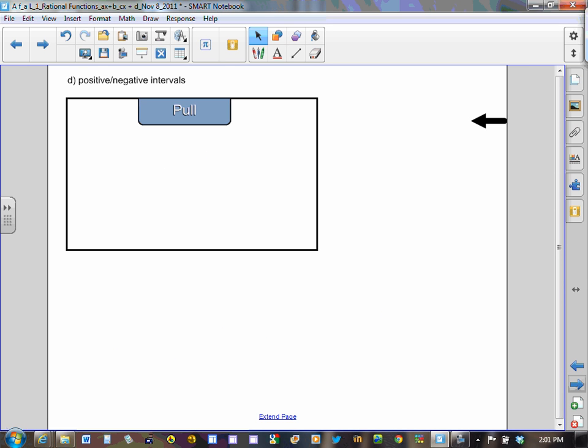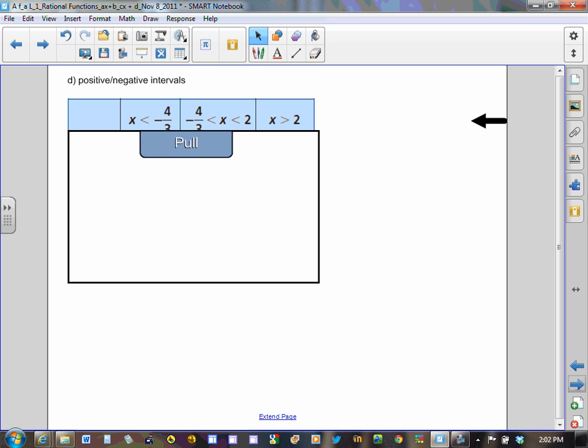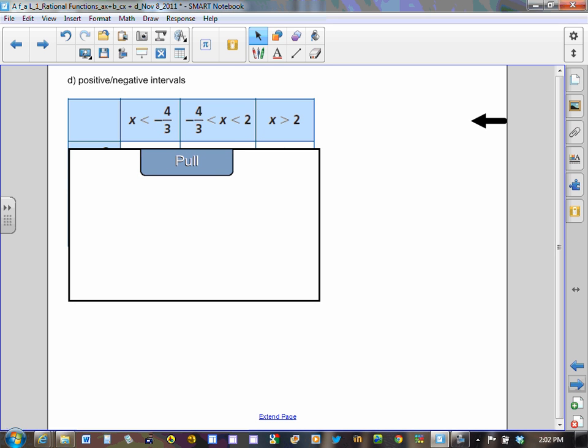Last but not least, let's determine the positive and negative intervals for the graph. Because we can plot the zeros and the y-intercept, and we can know where the asymptotes are, but oftentimes we need to figure out where the function is positive and where it is negative, and by knowing this, we can properly graph the function. So I'm going to show you a listing of the critical values.